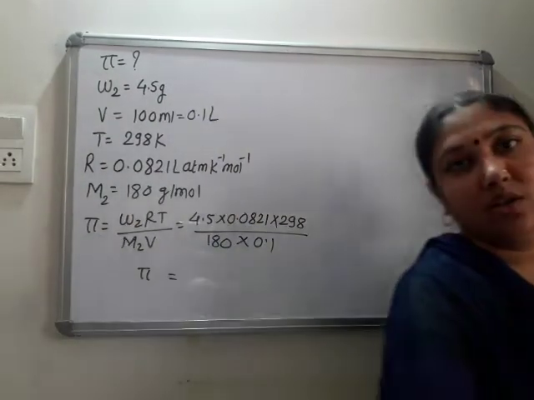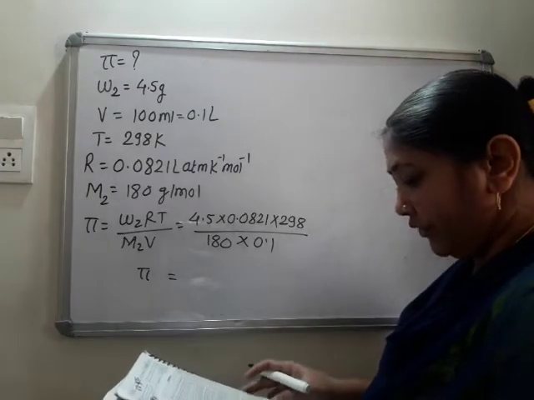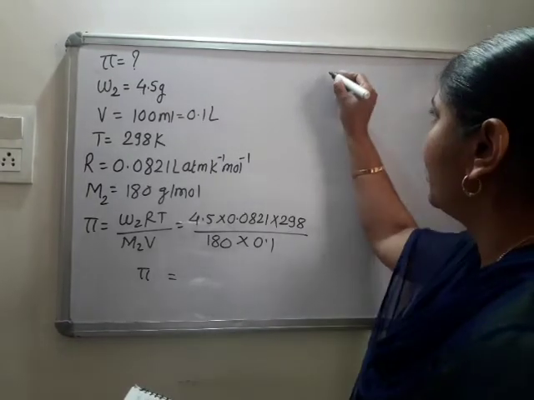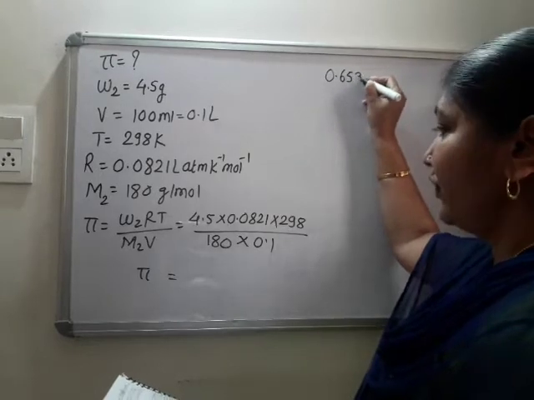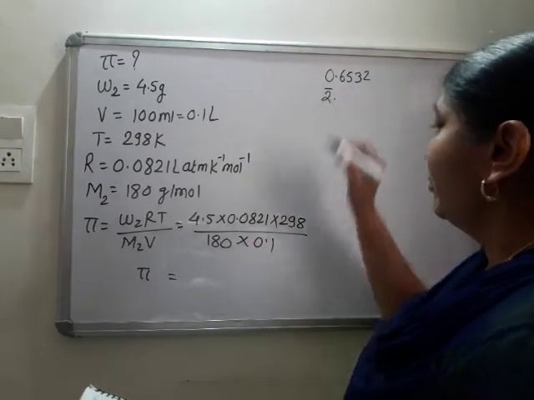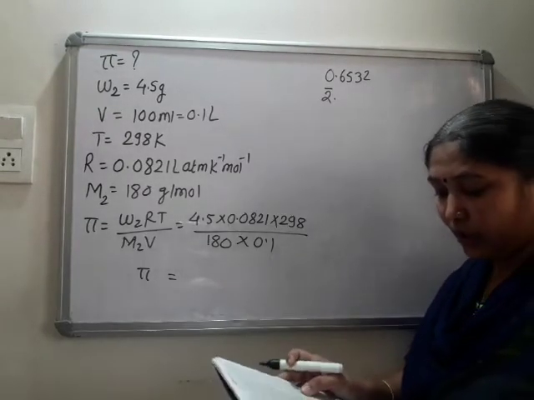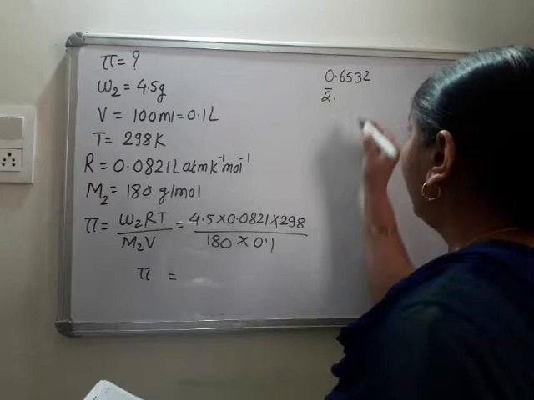See the logs. First one is 4.5, so it is 0.6532. This is 0.0821, characteristic is bar 2 point 9143.